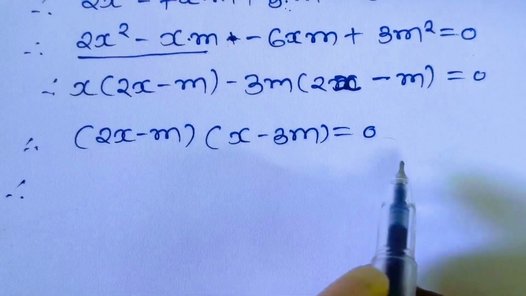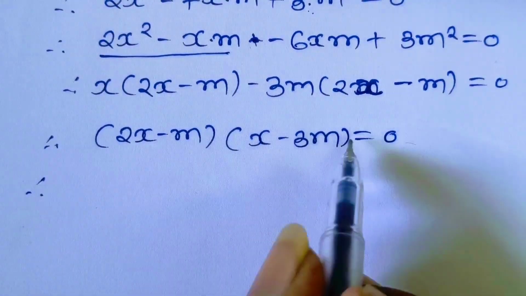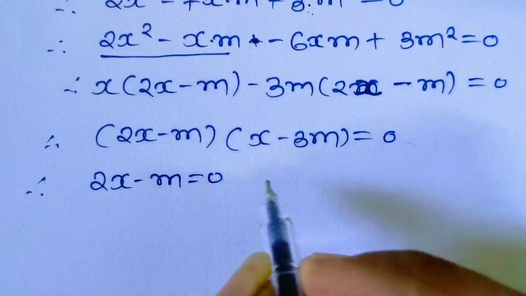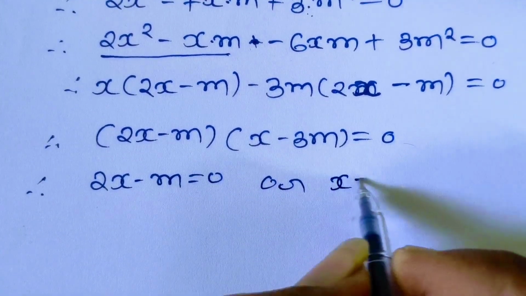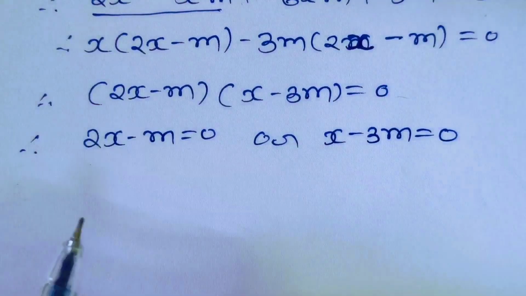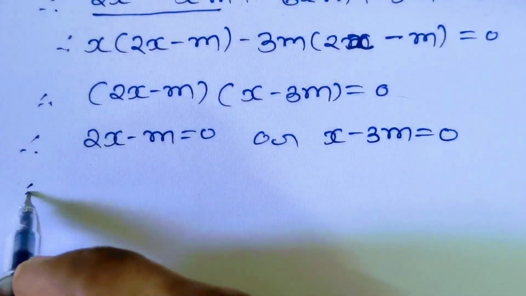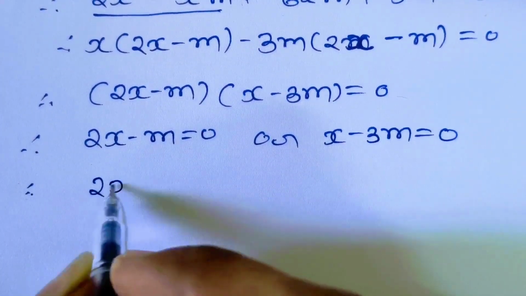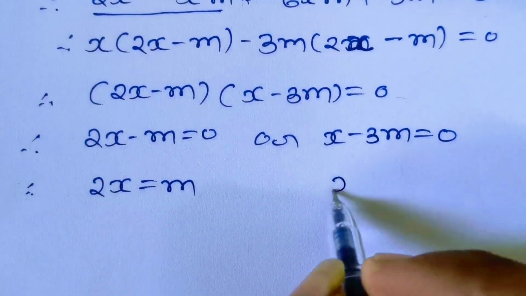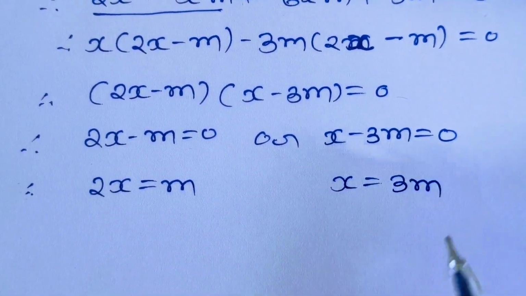The multiplication of two factors is 0, which means either this factor is 0 or that factor is 0: 2x minus m is equal to 0, or x minus 3m is equal to 0. Therefore 2x is equal to m, and x is equal to 3m.